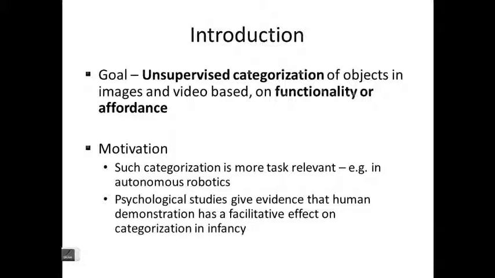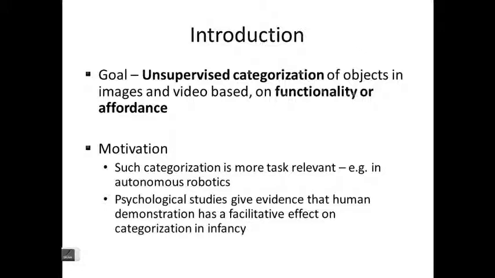The motivation behind this is that sometimes this is more task relevant than categorizing based on appearance, for example in autonomous robotics. It has also been shown in psychological studies that human demonstration has a facilitative effect on categorization of objects in infancy.